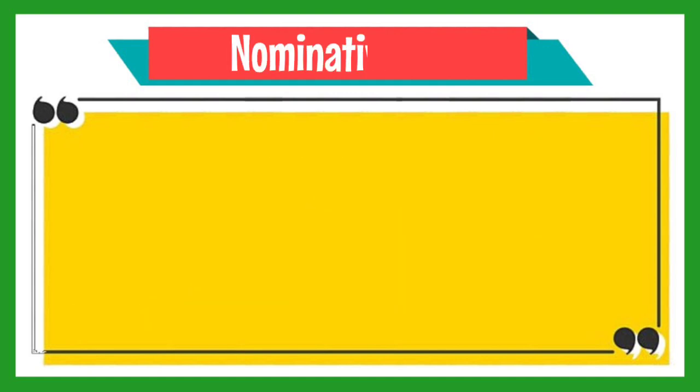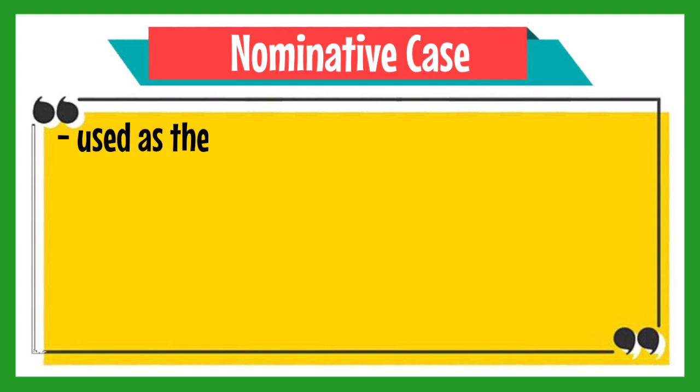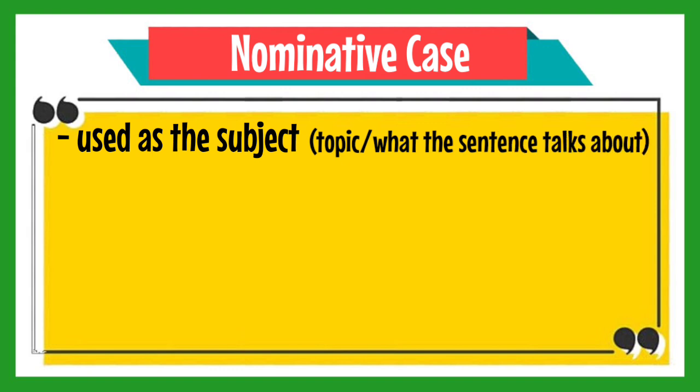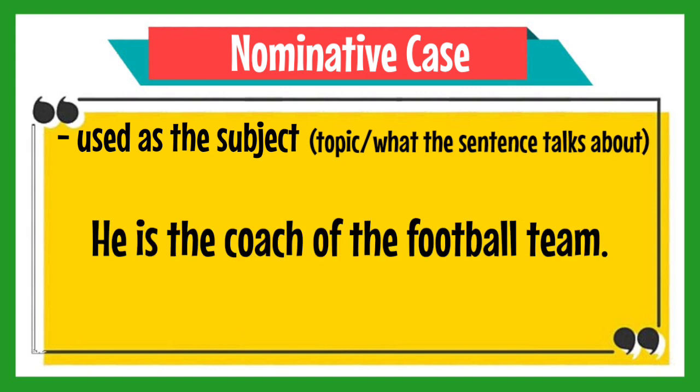Let us have the nominative case first. A pronoun is said to be in the nominative case if it is used as the subject in the sentence. When we say subject, it is the topic of the sentence or what the sentence talks about. For example, he is the coach of the football team.